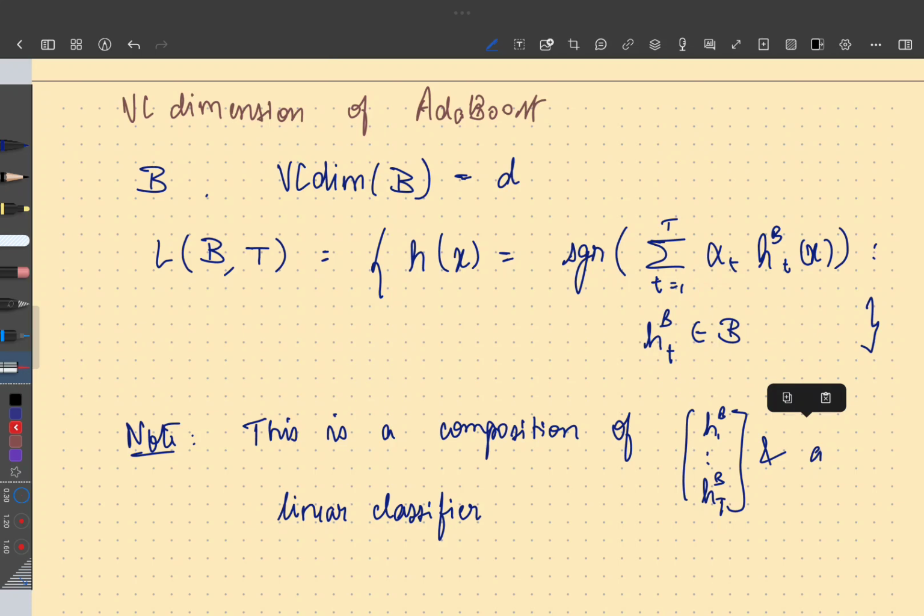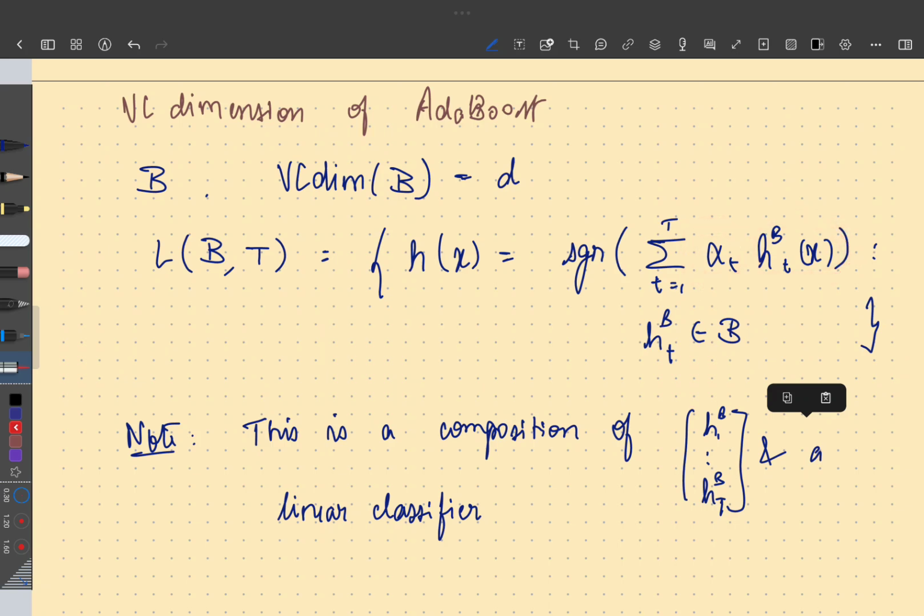So if m is the VC dimension of L, then by varying all of these parameters, I should be able to generate all possible 2 to the power m labelings. For any given set of size m, let us see how many possible labelings I can generate. What is the maximum number of labelings I could generate by varying h1 through ht and alpha 1 through alpha t?